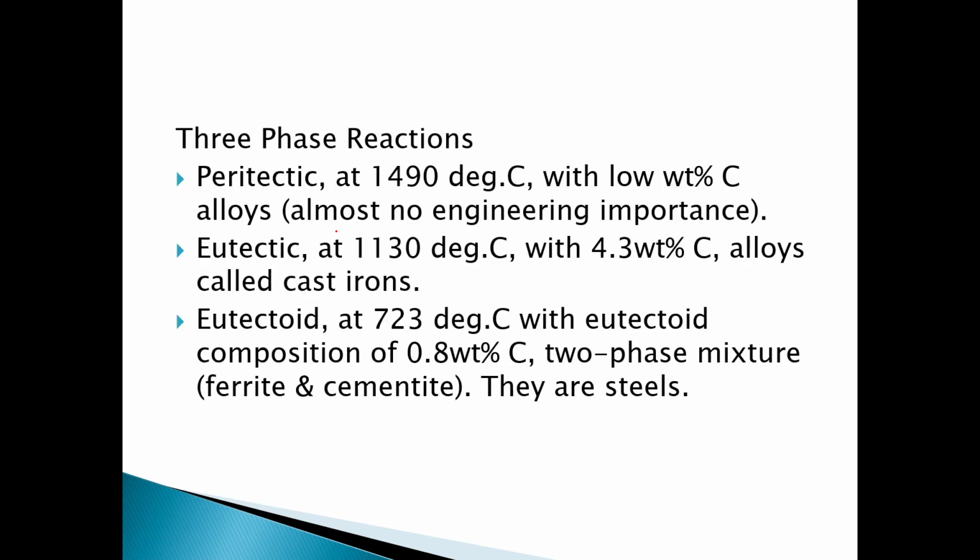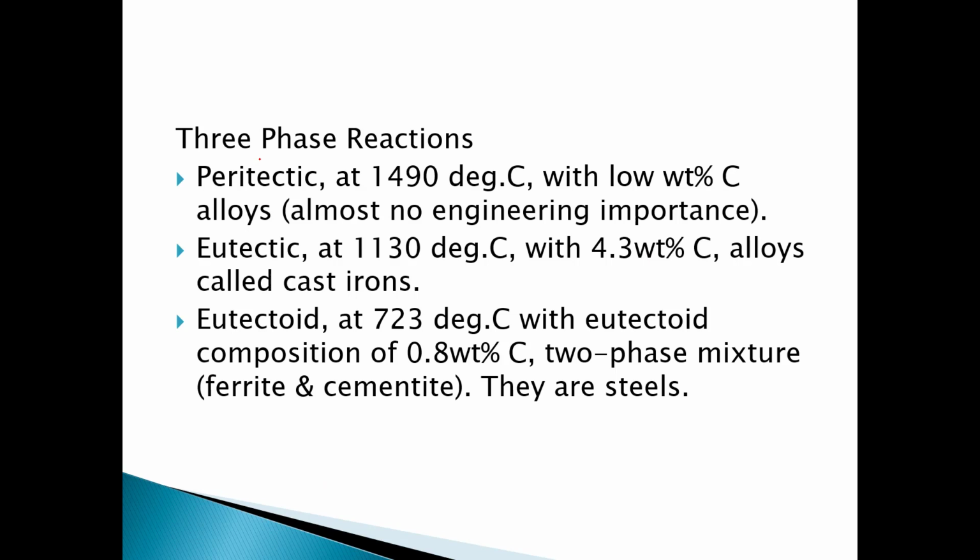Then we have peritectic at 1149 degrees Celsius, and with the low percentage, that is 0.16 percentage of carbon, we get the peritectic. These are the main three phases in iron carbon diagram.